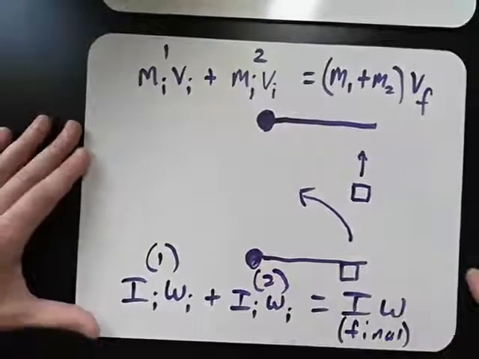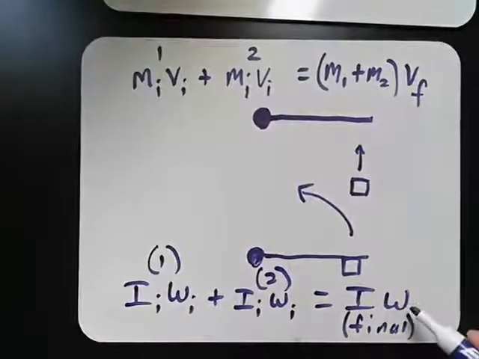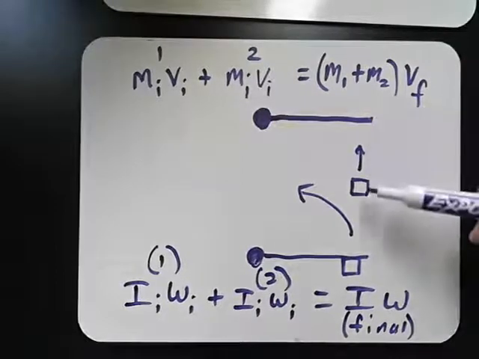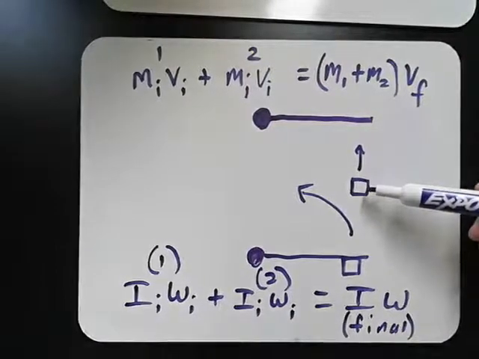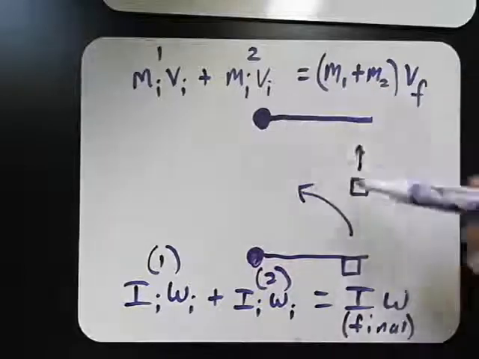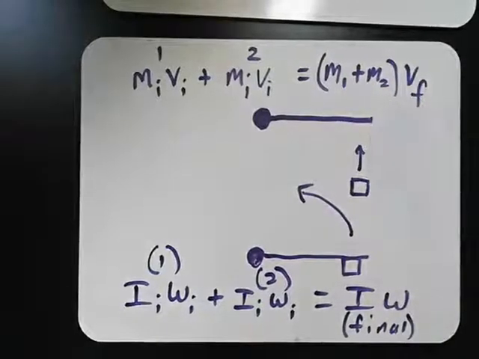Maybe you get a new moment of inertia, and so therefore a new angular speed. Maybe this thing doesn't have an angular speed, and this just has a linear speed. And you have to think about how far away it is from this point right before it hits that thing. Okay, so there's all kinds of little ways you could look at it, but it's really the same concept, that the total angular momentum doesn't change.